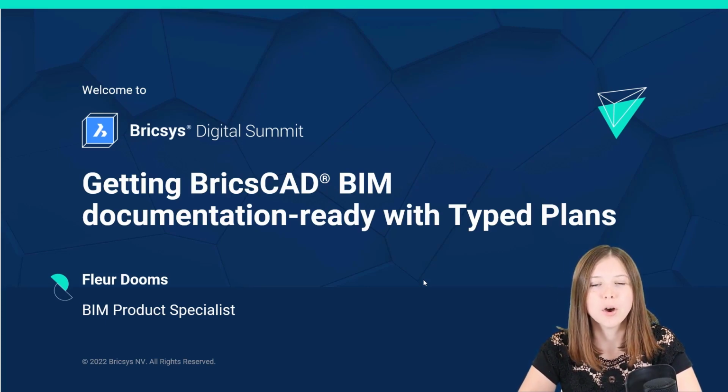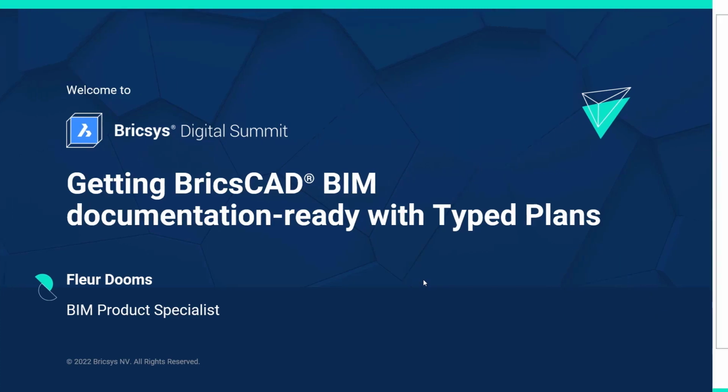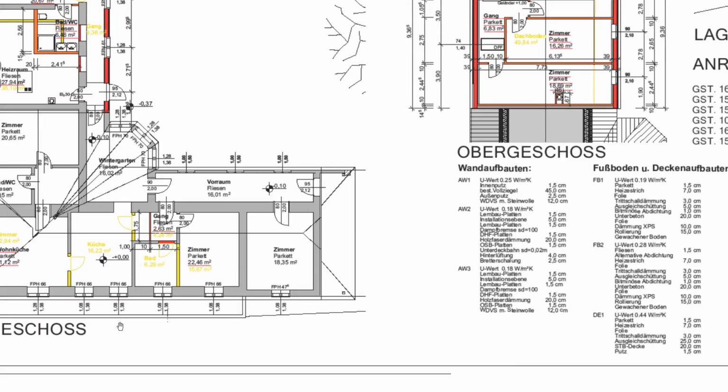On top of that, with Type Plans, it becomes easier to ensure adherence to office drawing standards or to local government requirements, and to achieve consistency across 2D drawings, especially on detailed design and building permit packages. If we zoom in on some of the details of this example drawing, made ready for approval by the Austrian government, we see that the drawing uses certain symbols for representing windows and doors.